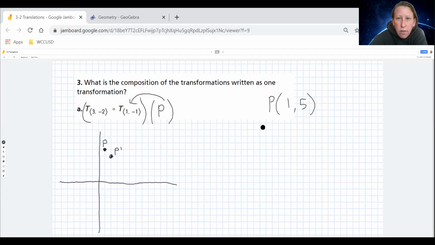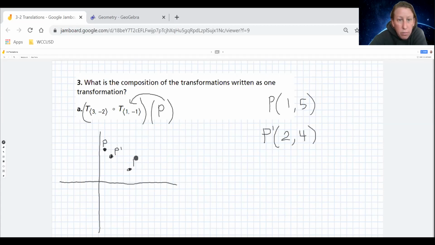You can see it. If I added 1, I would get to 2. And if I subtracted 1, I would get to 4. Is this the point 2, 4? 1, 2, 1, 2, 3, 4. Yep. Okay, now I'm going to take P prime and I'm going to do the next translation. So I'm going to take the image and I'm going to move it to the right 3 and down 2.